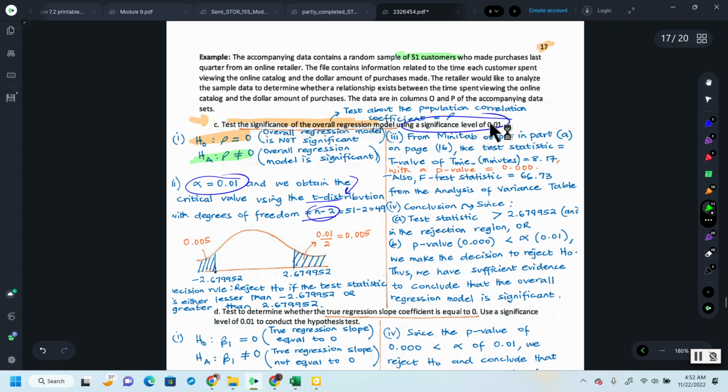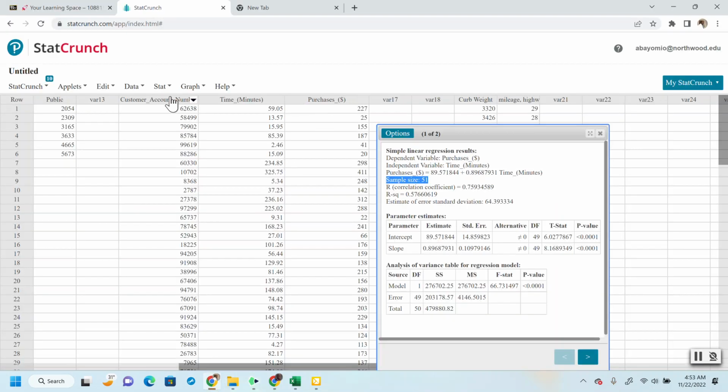And then the significance level alpha, this is going to be a two-tailed test based on the nature of the alternative hypothesis. And so 0.01 divided by 2 gives you 0.005. So that will be the size of either the lower or the upper tail. So I need the 49, and I need the size of either the lower or the upper tail, which is 0.005. I'm going to plug that in my T calculator.